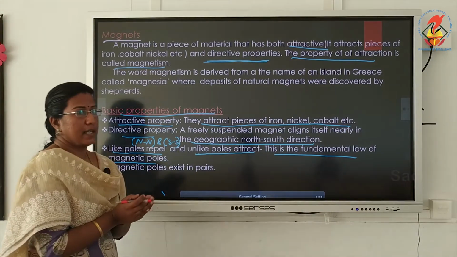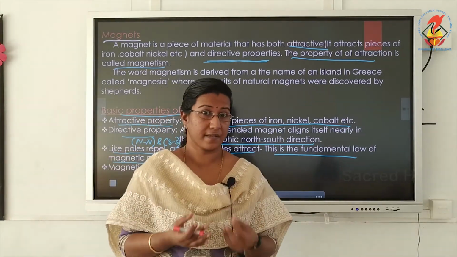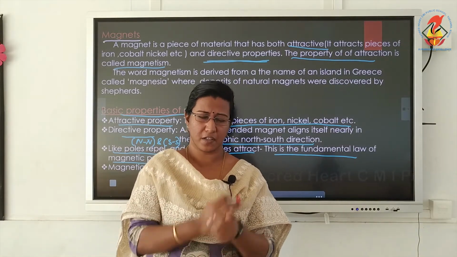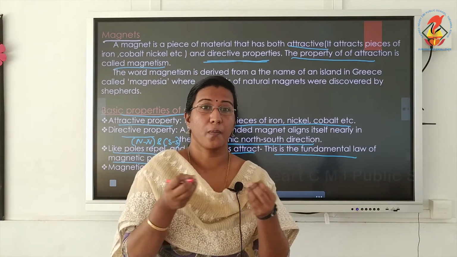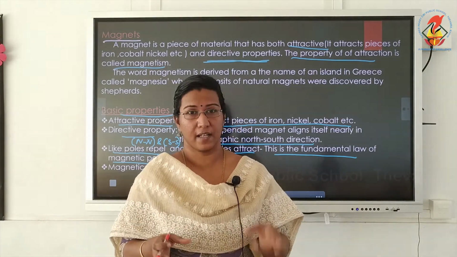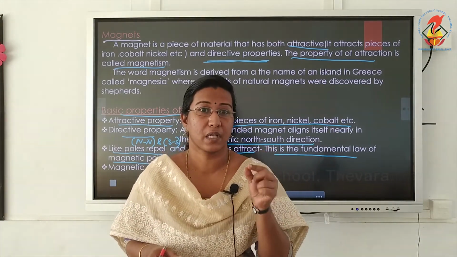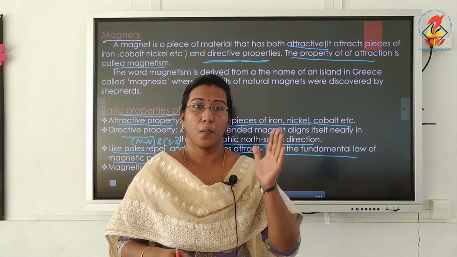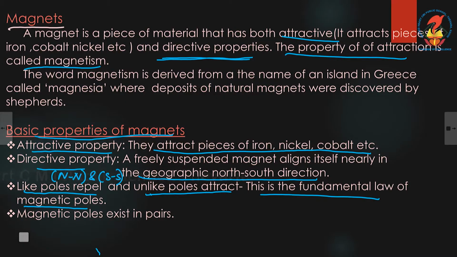Also, imagine you have a bar magnet. If you break the bar magnet into smaller pieces, of millimeter range, each small piece will contain a north pole and a south pole, which means monopoles will never exist.